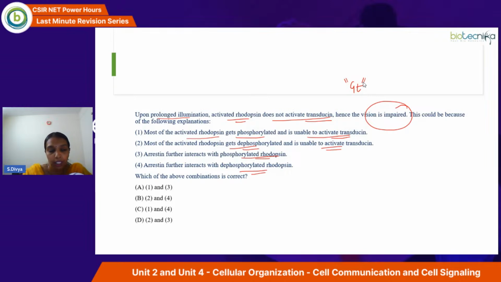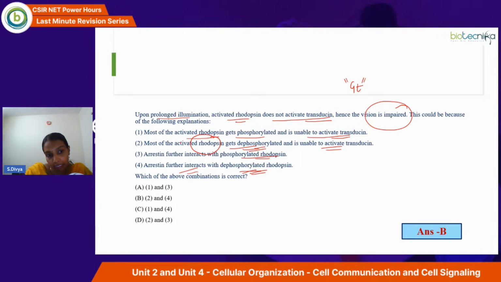Okay, let me show you the answer now. The correct answer over here is B. Now, why is it B? Most of the activated rhodopsin gets dephosphorylated. So, once it is dephosphorylated, what happens? It is unable to activate the transducin. And arrestin further interacts with dephosphorylated rhodopsin.